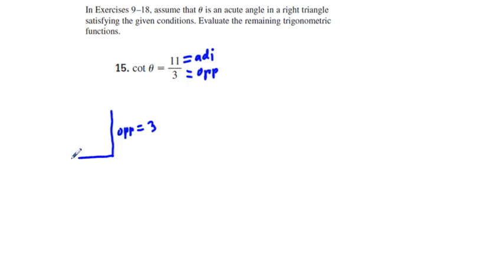So here we draw a horizontal line segment to the left, which is adjacent is equal to 11, and then we draw a line segment connecting the corners, and we have a little square symbol recognizing a right angle. We'll put the little theta down here in the lower left corner.